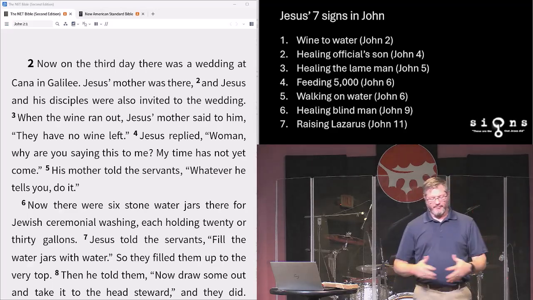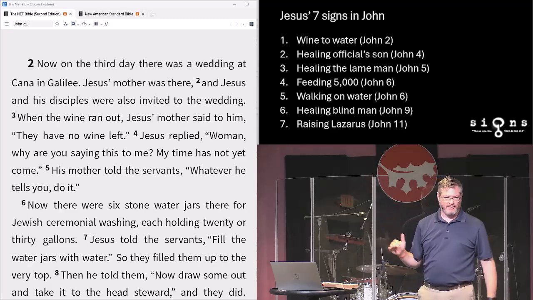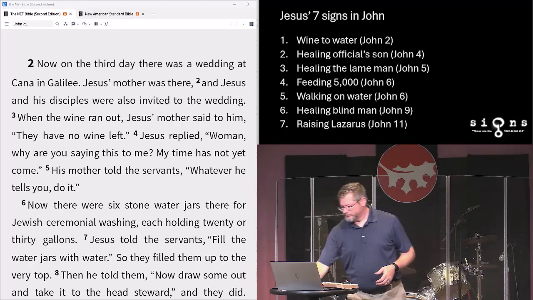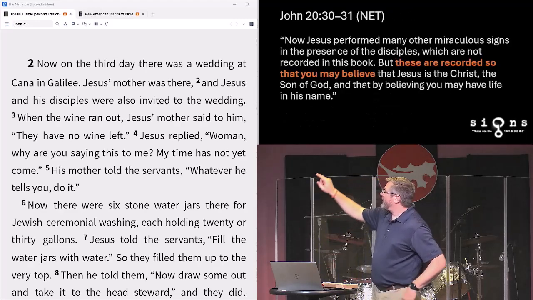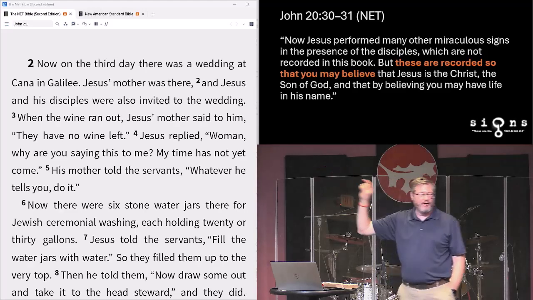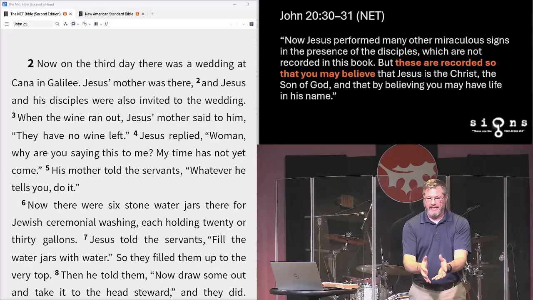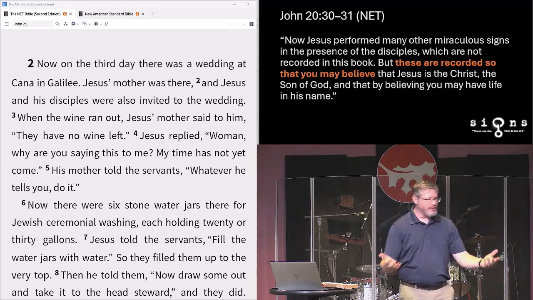It is a miracle, of course. It does point to his deity. But all these other things he did, we're told, in the presence of the disciples. He did them as they were watching. He did them as they were there. Okay? The resurrection is not one of those.